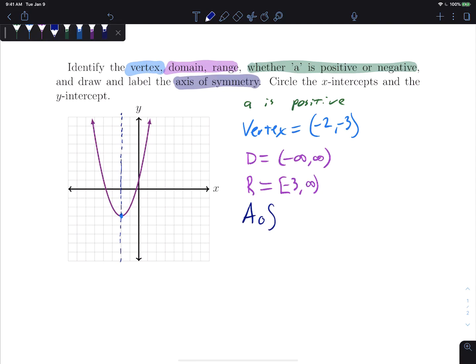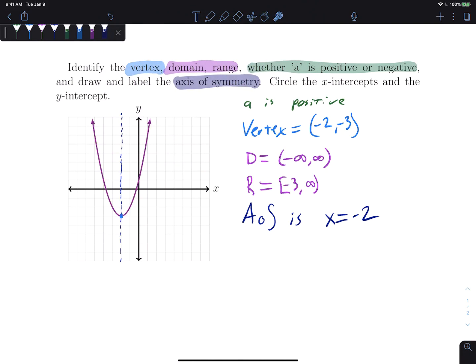Now the axis of symmetry, which I'm going to label as AOS, is an equation. It's very important to understand that this is an equation. So it's going to be x equals some number, and that number is always going to be the x-coordinate of the vertex, which is, in this case, -2. Fantastic.